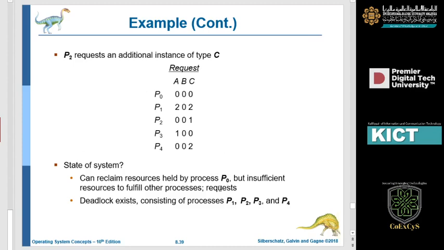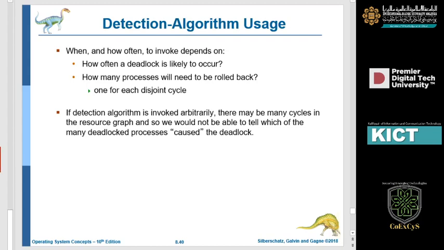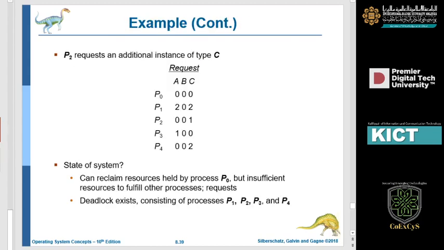So you can calculate whether what is requested actually fulfills the safety criteria. If you find that you cannot satisfy all of these processes, P0, P1, P2, P3, or P4, then you have detected a deadlock.